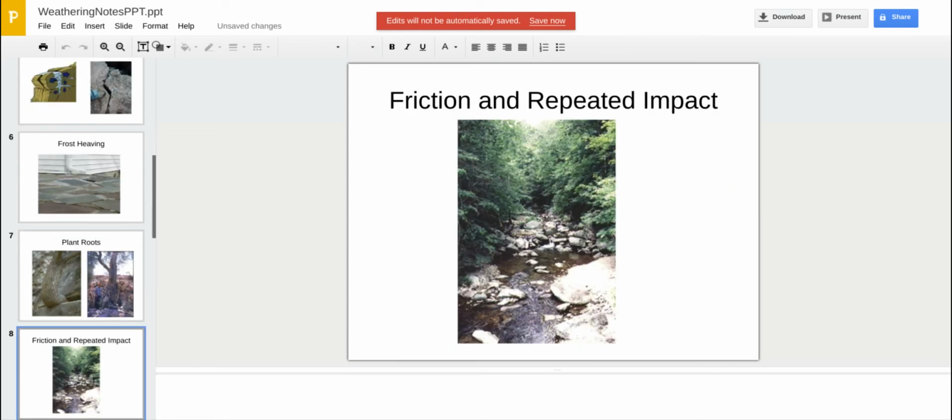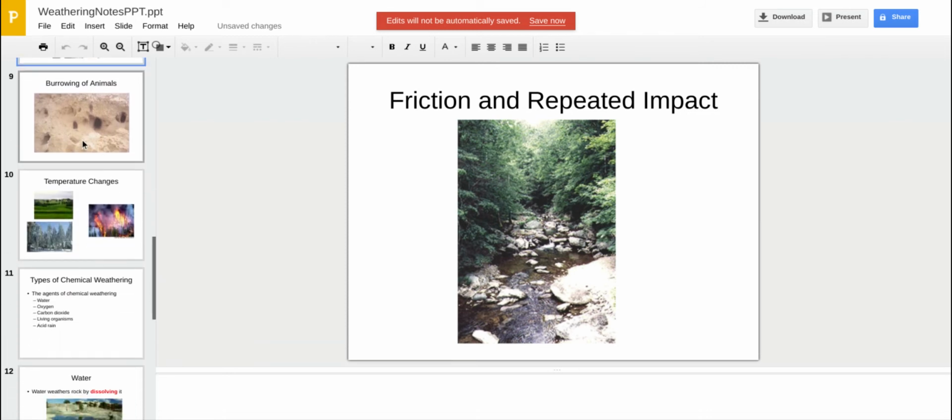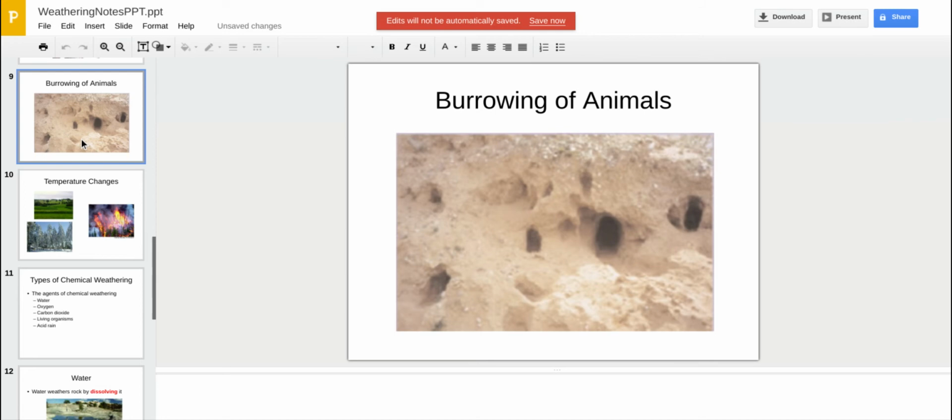Friction and repeated impact. That water is hitting the rock, breaking it up over a long period of time. You see a lot of waterfalls like that here in Georgia. Burrowing of animals. That is when animals dig holes for their homes.